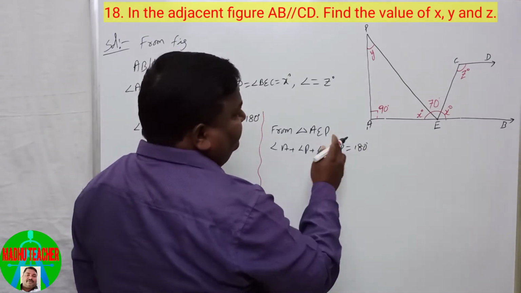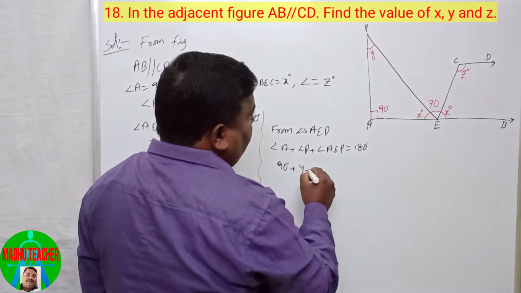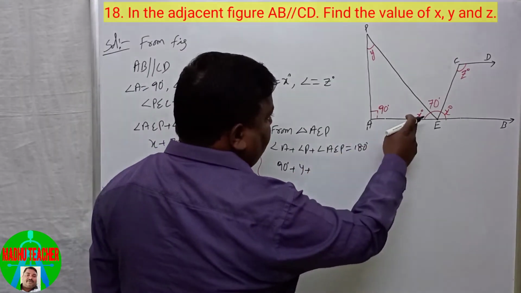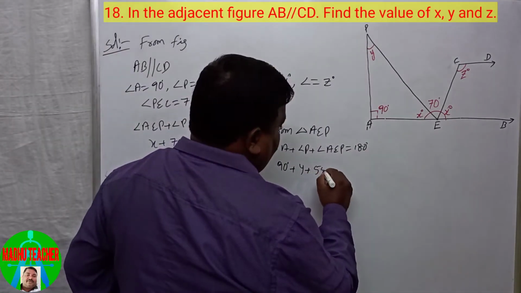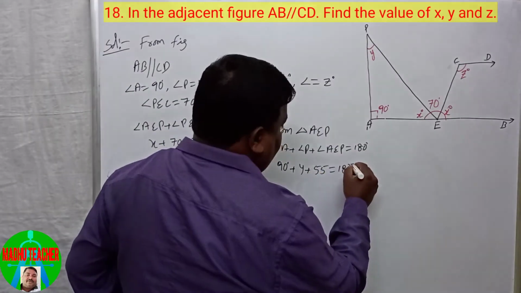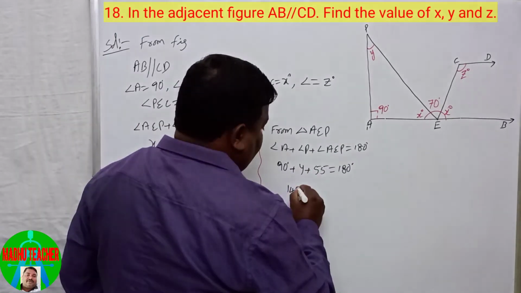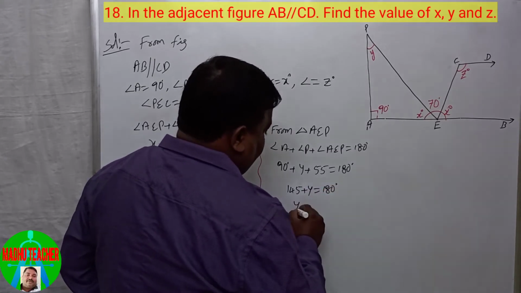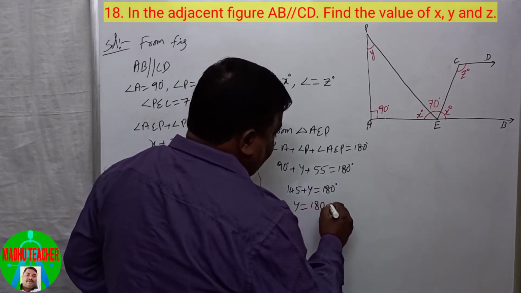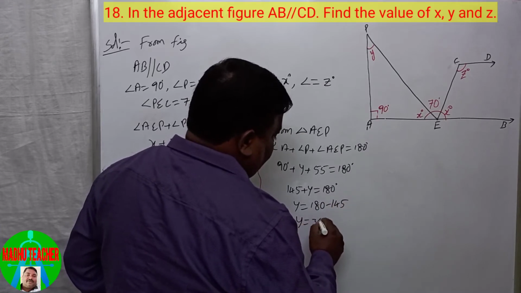Angle A is 90 degrees, angle P is y, angle AEP is x, which is 55 degrees, equal to 180. So 90 plus 55 is 145, plus y equal to 180 degrees. y equal to 180 minus 145. So y equal to 35 degrees.